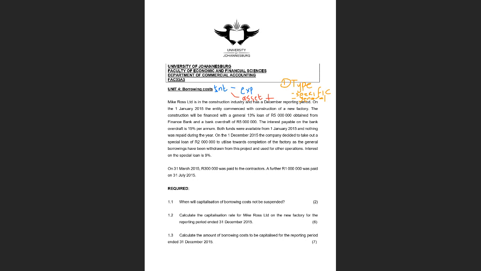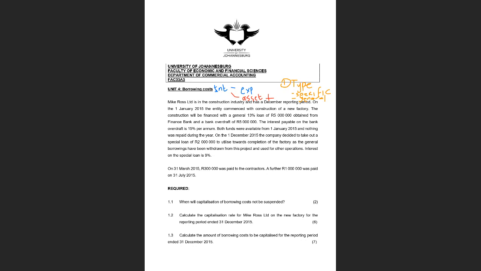Okay, so for each and every single loan that you have, you're going to determine, is it a specific borrowing or is it a general borrowing? So don't just assume that the whole question is just specific or the whole question is just general. You need to determine for each loan whether it's a specific loan or a general loan. So that's what you need to do.